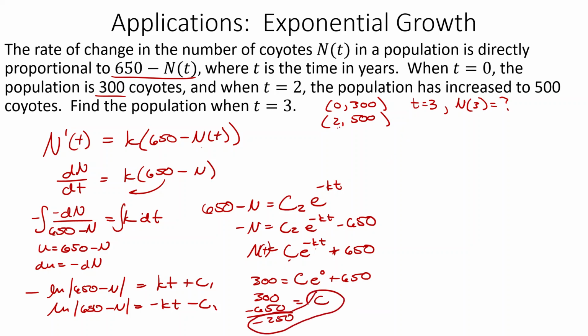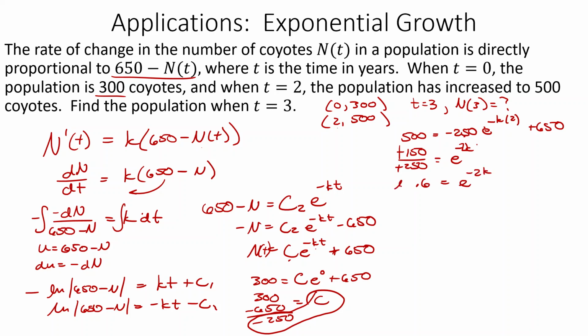And now if we plug in the other point, we get 500 equals negative 250 e to the negative k times 2 plus 650. So if we subtract 650, we get negative 150. Divide by the negative 250 is e to the negative k times 2, or negative 2k, I guess we say. Negatives are going to cancel. 150 over 250 is 3/5, so 0.6.